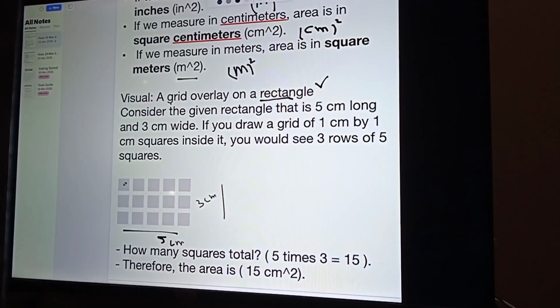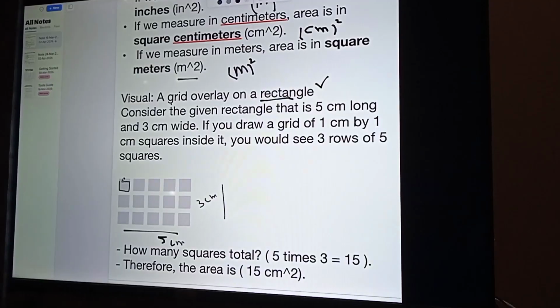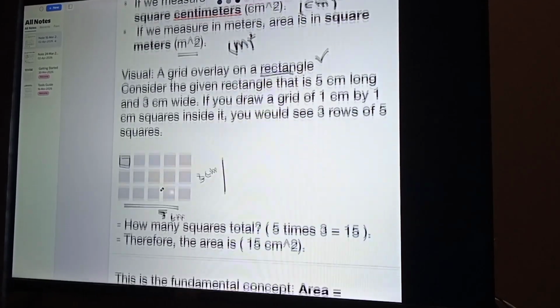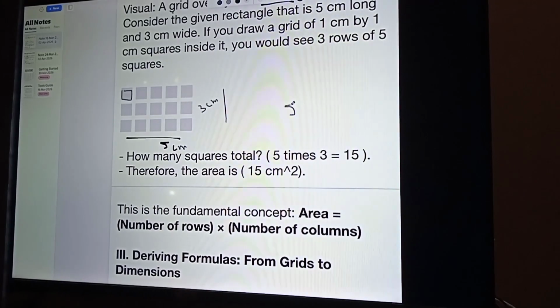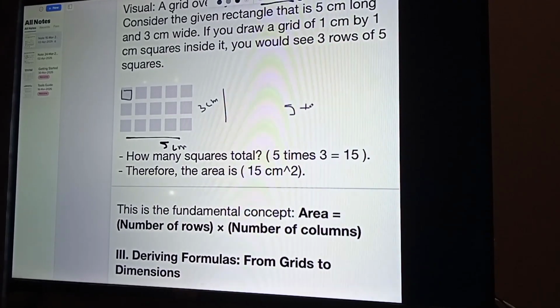And let's suppose this 1 unit square is 1 centimeter square. Then the whole area will be 5 multiplied by 3, which gives us 15 centimeter square.